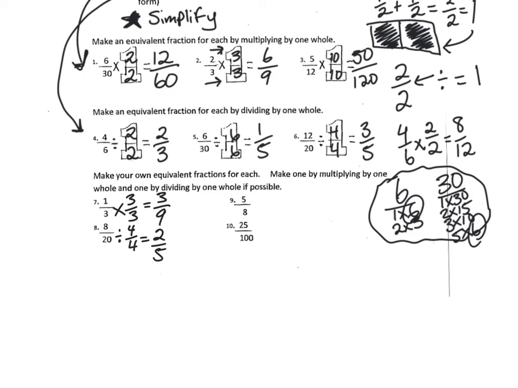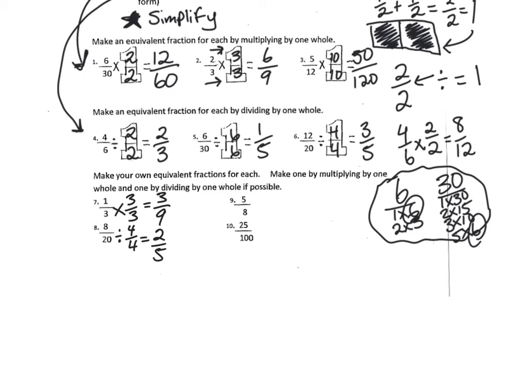Okay, last two. Number 9 is 5/8. Well, let's think about 5/8. Is there a number that can go into both 5 and 8 except 1/1? Well, if you're with me and you're paying attention today, the answer to that is no. There's not a number that can go into both.